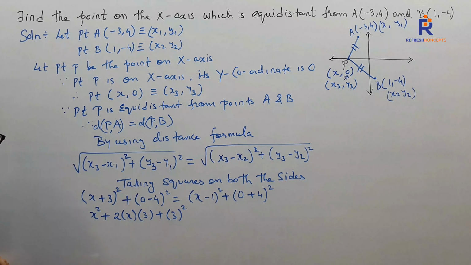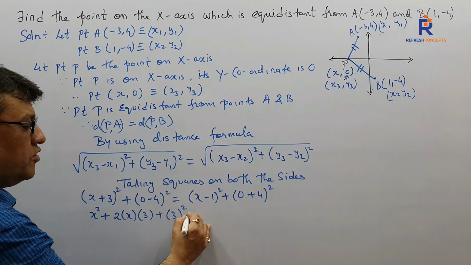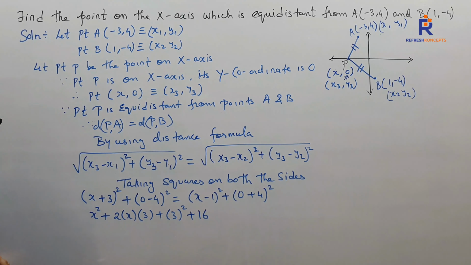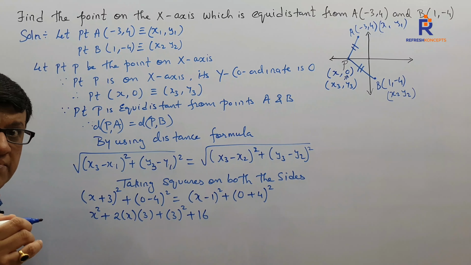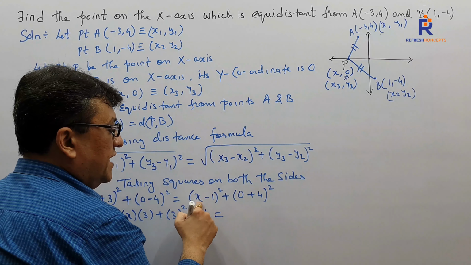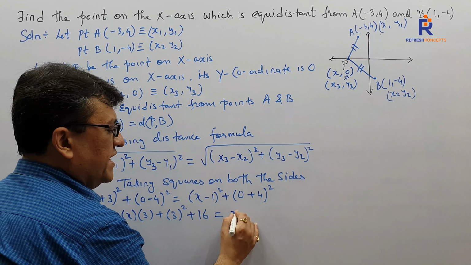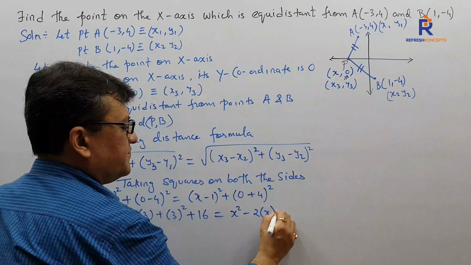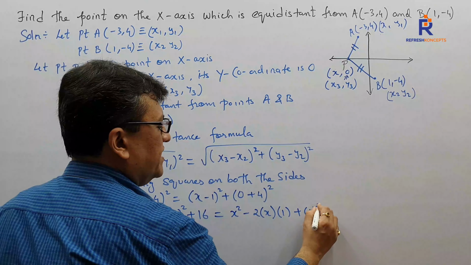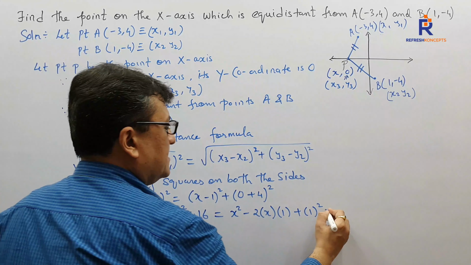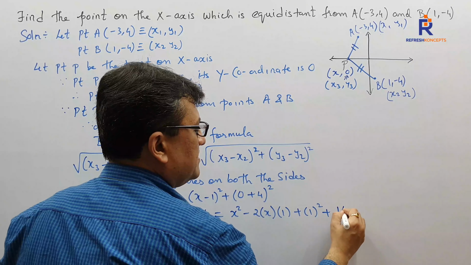Am I right, children? 0 minus 4 is minus 4. Square of minus 4 is 16. Square of a negative number is positive. A minus b the whole square is a square minus 2 into a into b plus b square, plus square of 4 is 16.